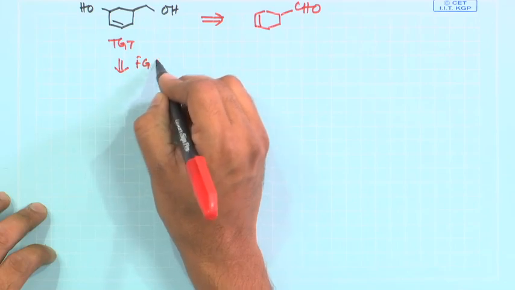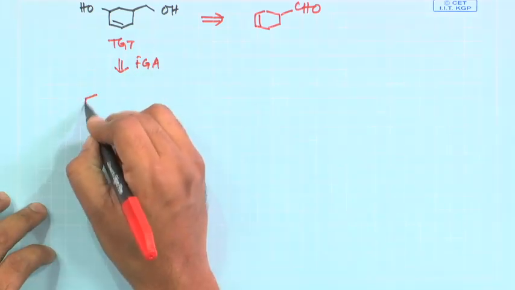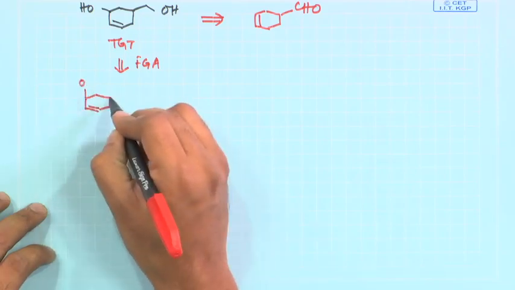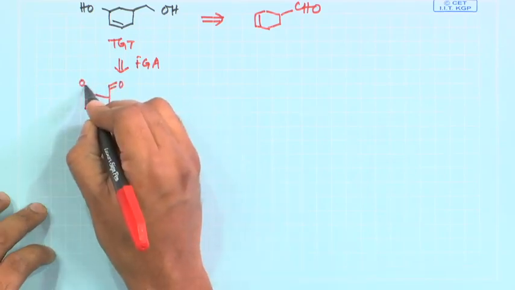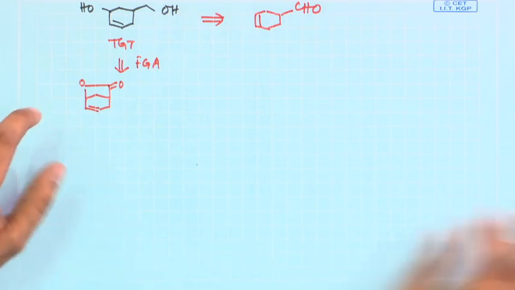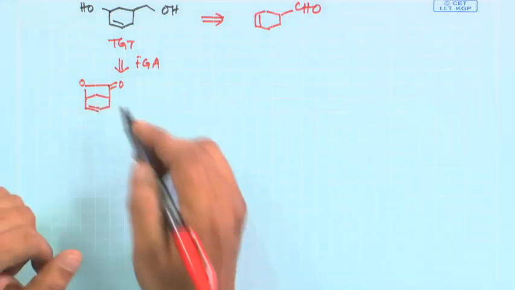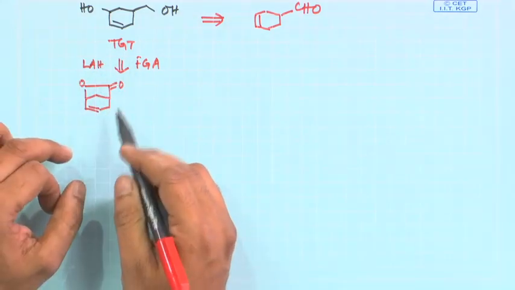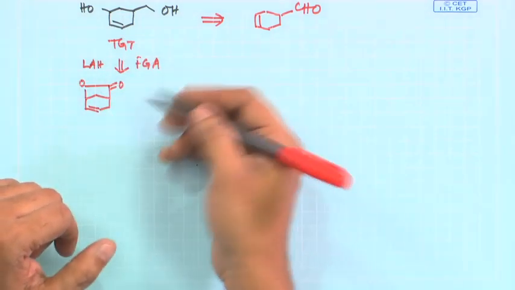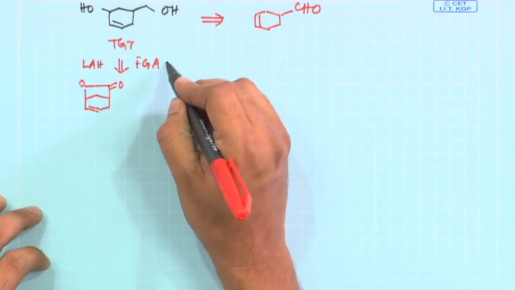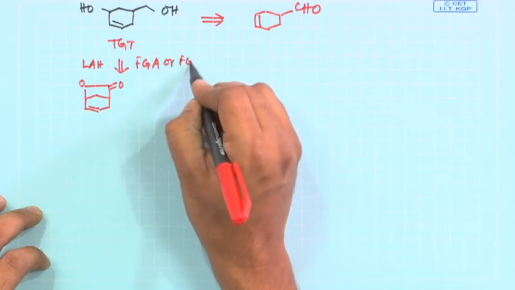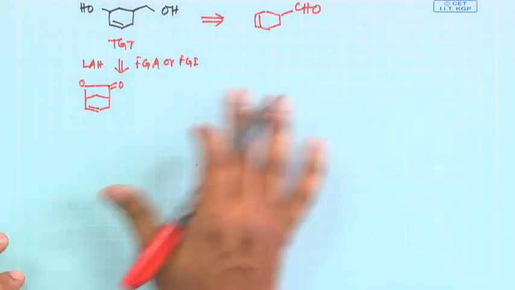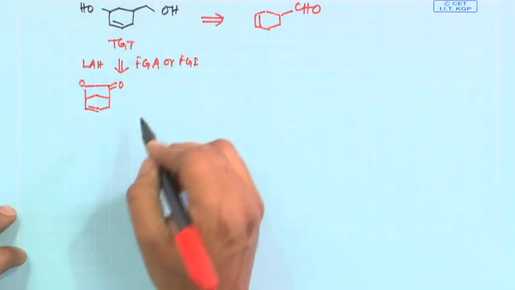The first step will be a functional group addition, and if you have access to this kind of compound, which is a cyclic ester, then you can do a reductive cleavage with a reagent like lithium aluminum hydride, which will lead to this diol. This is a functional group addition reaction, or you can say a functional group interconversion. These names are just to give you a flavor; in principle FGA and FGI are kind of similar.